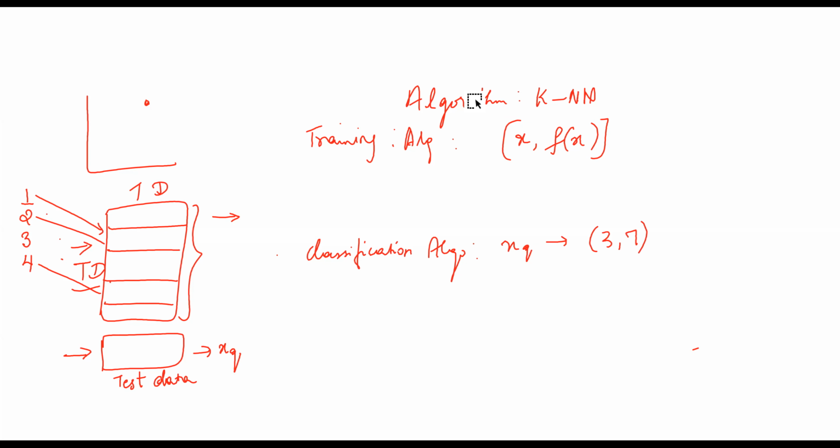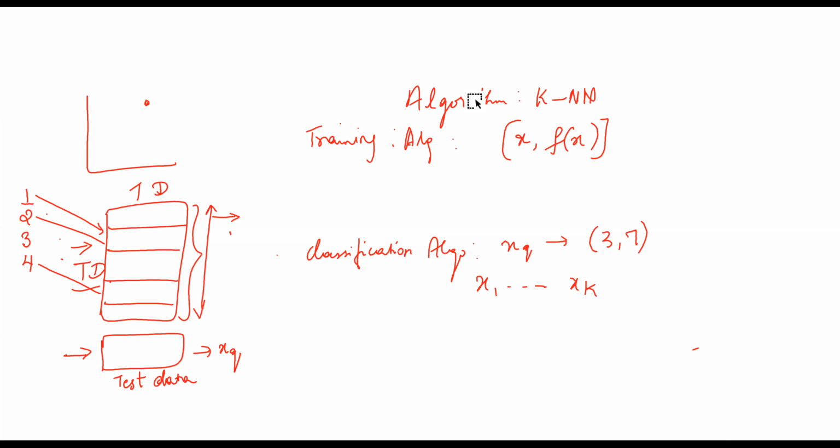And from there, let x1 to xk denote k instances. x1 to xk are all my training instances, from here to here, which I'm going to identify as nearest to xq.